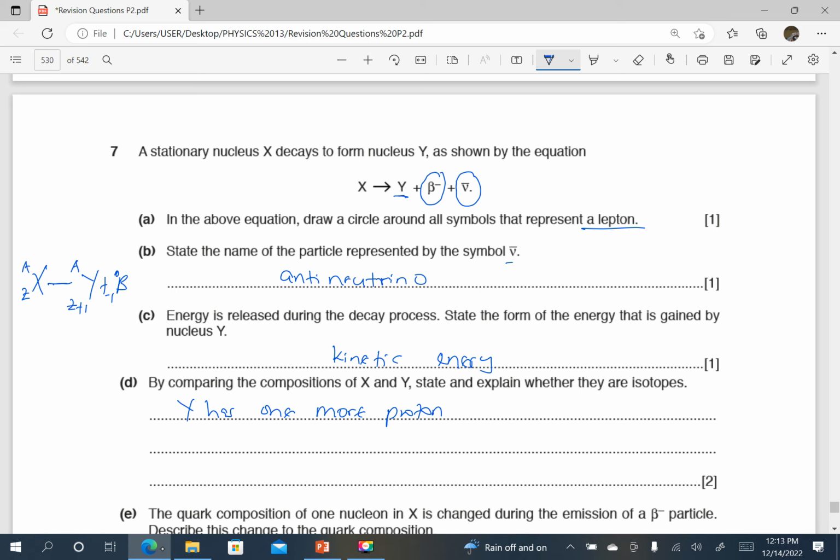Y has one more proton. And of course, if it has one more proton, it has one less neutron than X. So they are not isotopes.